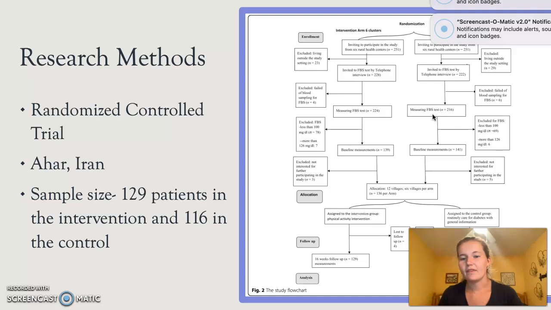Then they did the allocation process and assigned people to the intervention group and the control group. The experimental or intervention group did the physical activity intervention, and the control group did not. And then 16 weeks later, 4 months later, they followed up.